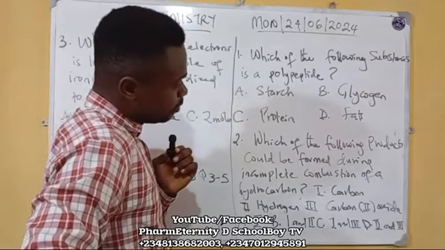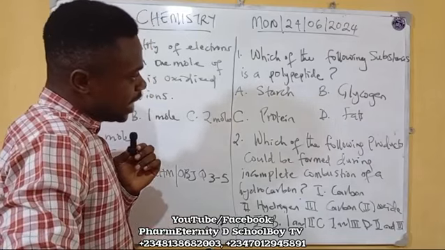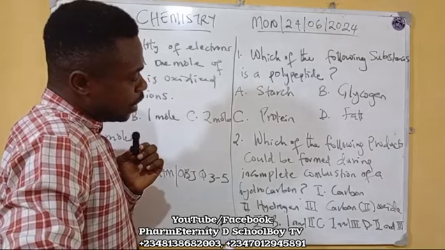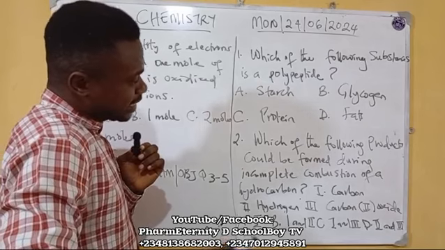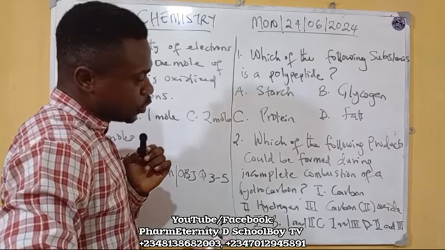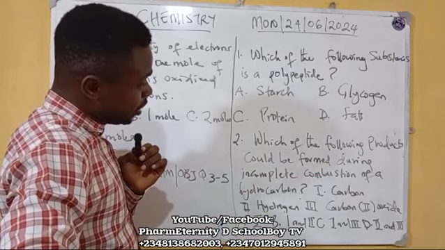It's simple. A polypeptide is just a polymer formed when there's a repeated unit of amino acids, different amino acids coming together.